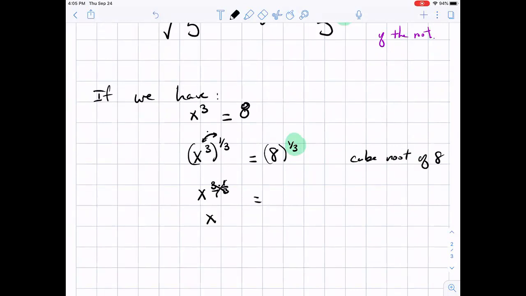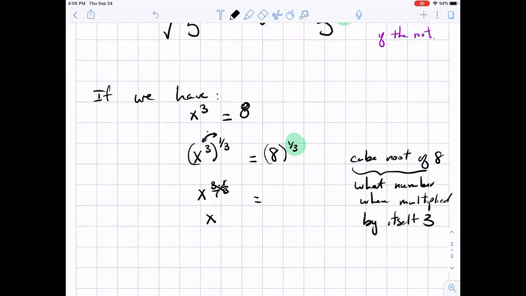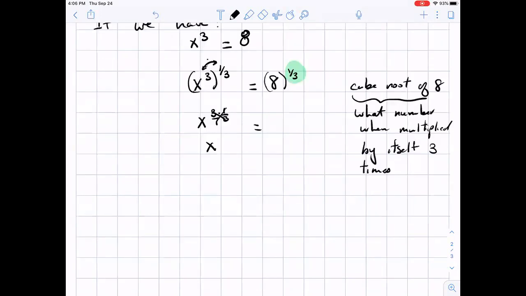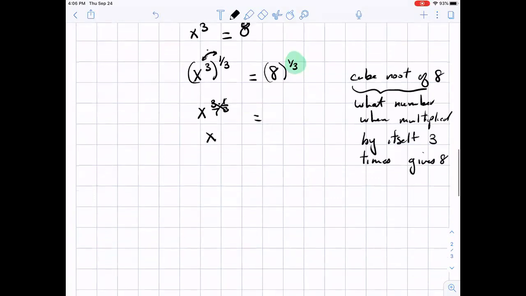Meaning, what number, when multiplied by itself 3 times gives 8? So you will notice that that number, 2 times 2 times 2, so it's 3 times, that number is just 2.